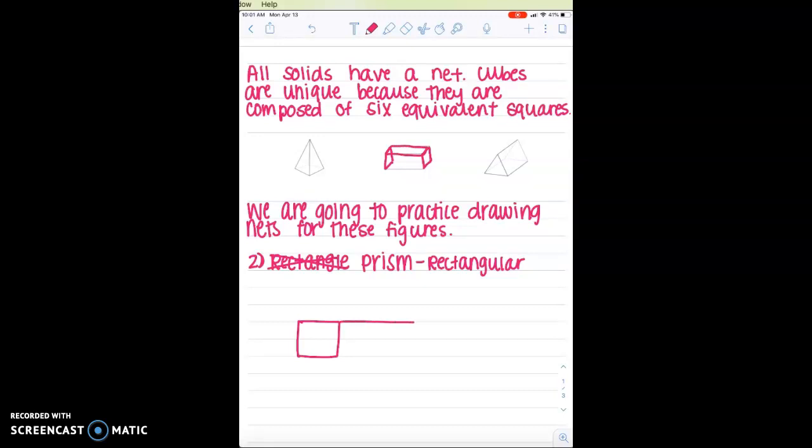In the net, I think it's easier that way. If you want to get fancy and draw them differently, you can, but I would advise you not to do that because that is where you will make mistakes. So looking at that rectangular prism, I'm going to have two small rectangles that are my bases, and then I will have 4 more rectangles for my net.